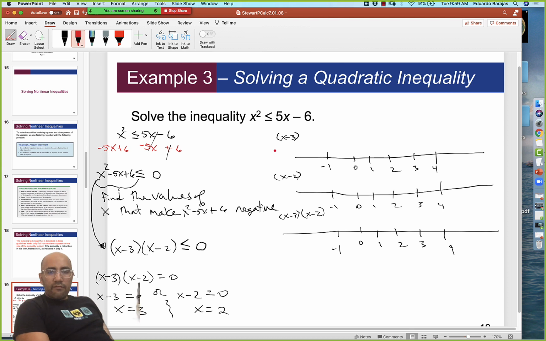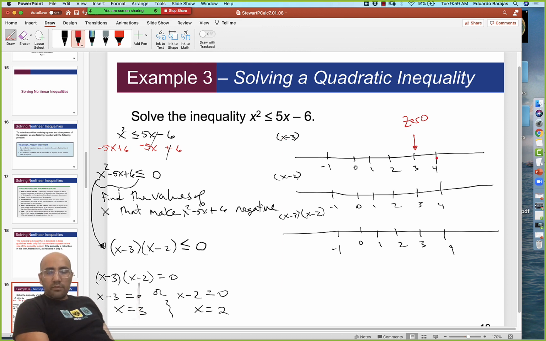When I input a value of positive 3, this little multiplication becomes 0. Okay. And now, just focusing on this part, when I input a value bigger than 3, like a 4, a 5, or a 6, this little binomial here becomes positive. Right?